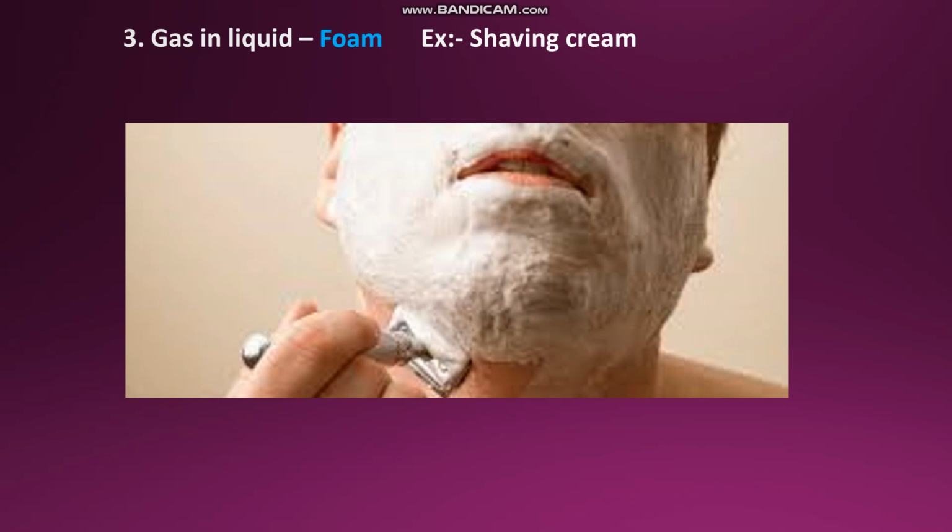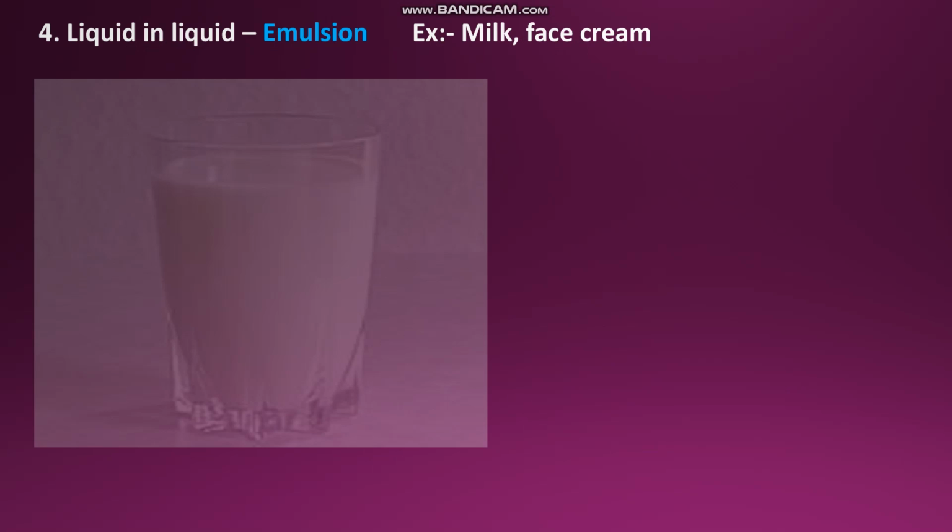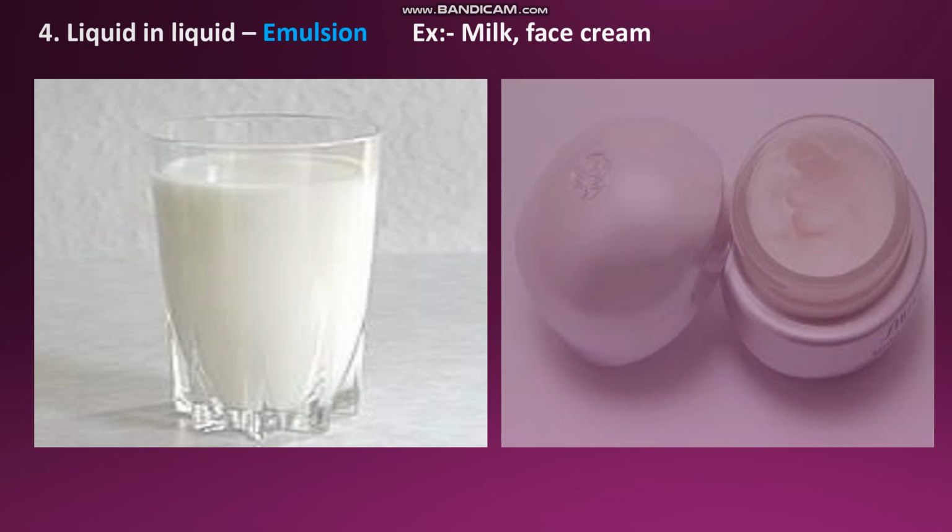Example, shaving cream. Next one, both are in liquid state. Dispersed phase and dispersion medium, both are in the liquid state. Liquid dispersed in liquid. These type of colloids are called emulsions. An example for emulsion, milk, face cream.